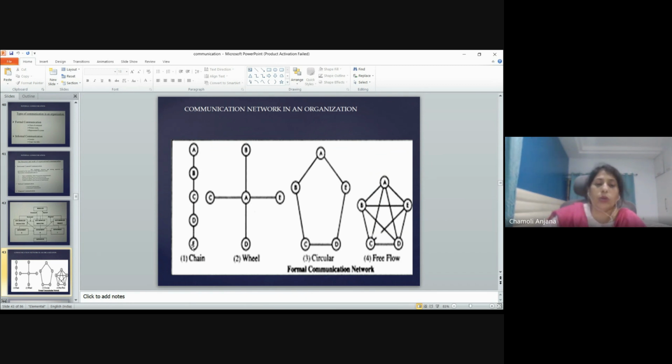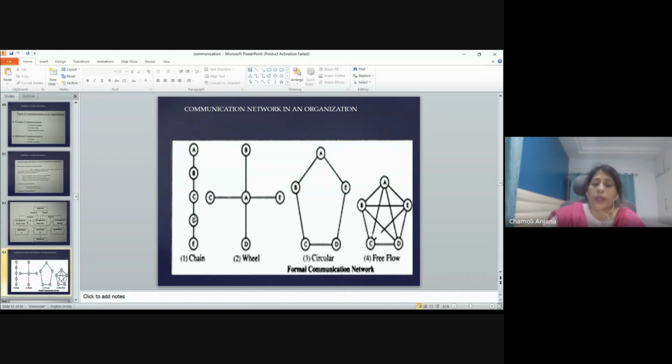A cannot communicate with C. If A wants to deliver some information to C, he has to deliver it to B and B will deliver it to C. So there is this particular chain of command that has to be followed. You cannot bypass any person in between. That will be taken as indiscipline. So this kind of communication usually takes place in a bureaucratic organization.